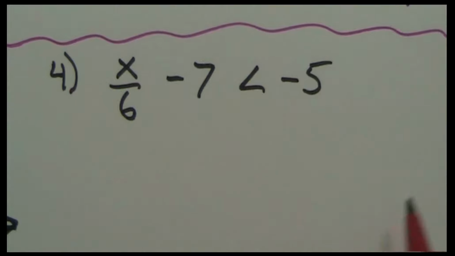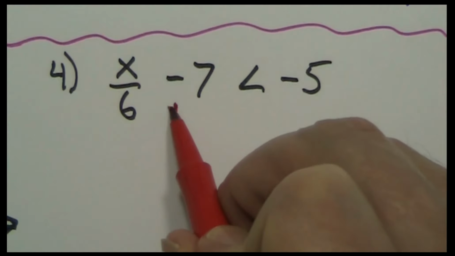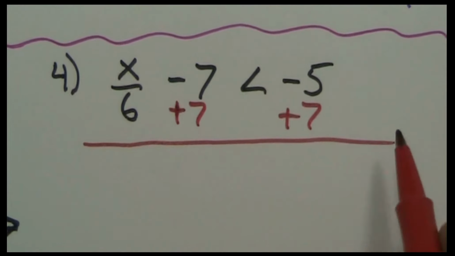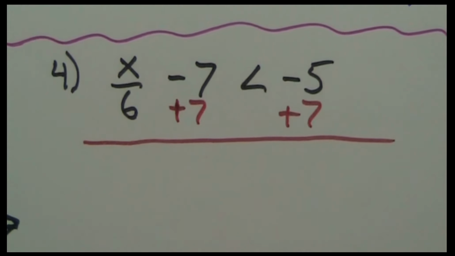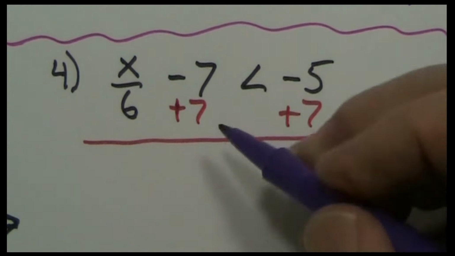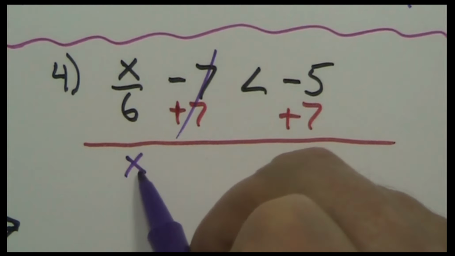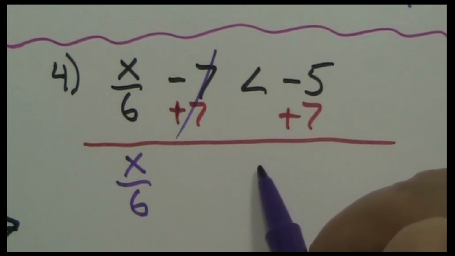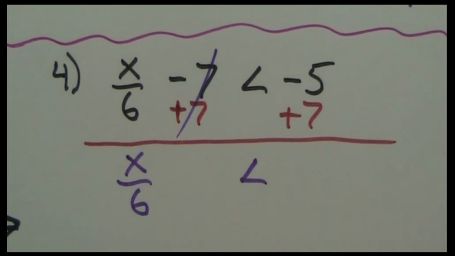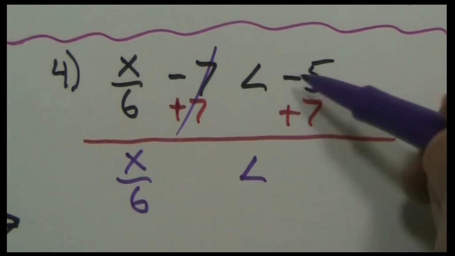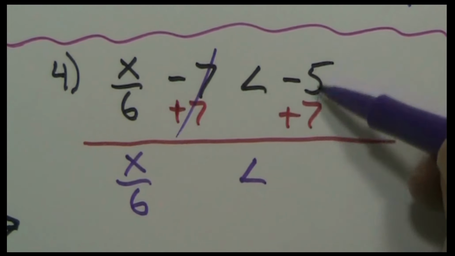Our first step, add 7. So this is 0, it's gone. And you're left with just x over 6. Bring down the inequality. And 7 and negative 5. Negative 5, and that's like 7 minus 5.